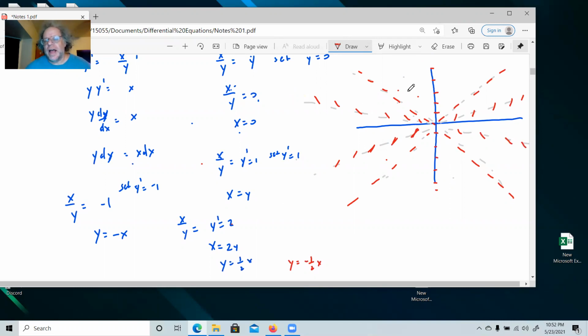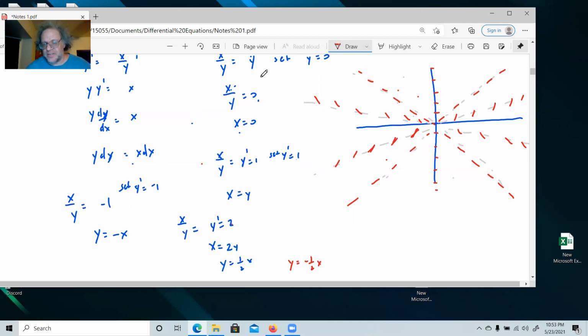We could keep going with 3's, and that would be even less steep here, but the slope segments would be steeper. Then up here, instead of going with this kind of a number, we could do a fraction.